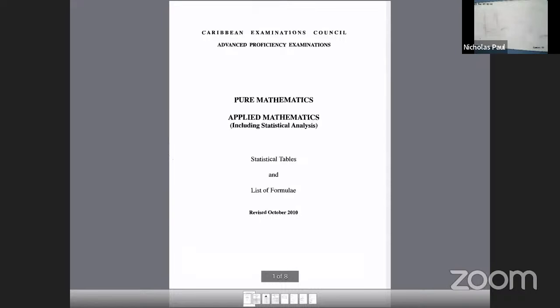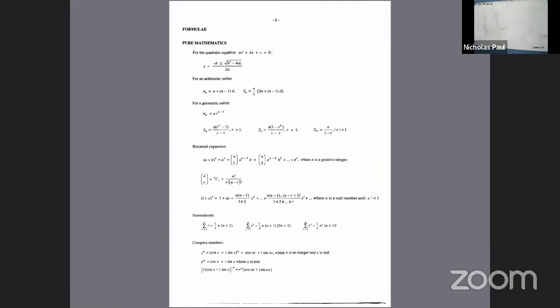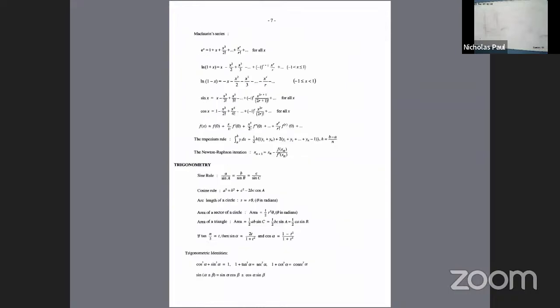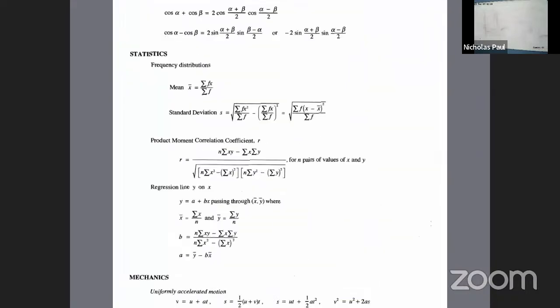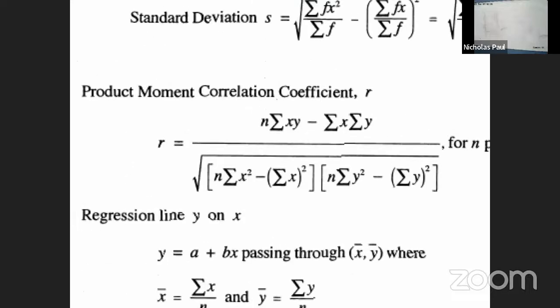Instead of calling it just correlation, the correct name is the product moment correlation coefficient, or in short, the correlation value. So this here is the next version of the formula.